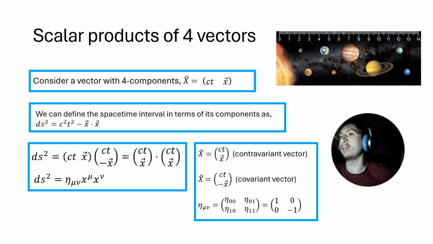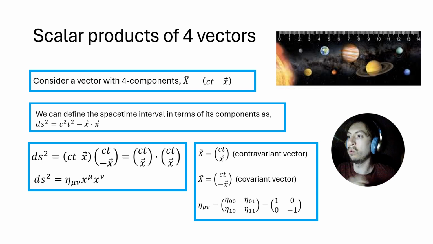as we have it as ds squared is equal to eta with 2 indices, so mu nu, multiplied by x mu x nu. And essentially you sum over all values of mu and nu to get ds squared.